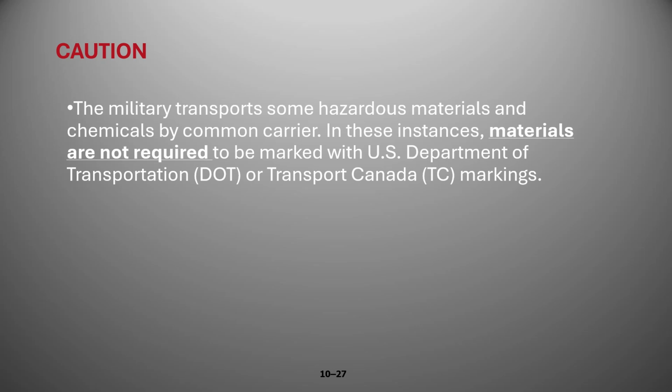The military does transport hazardous material using a common carrier. You're not guaranteed that there's going to be markings on the container or on the vehicle. So just for your information, understand that military product transport may not necessarily have a label.